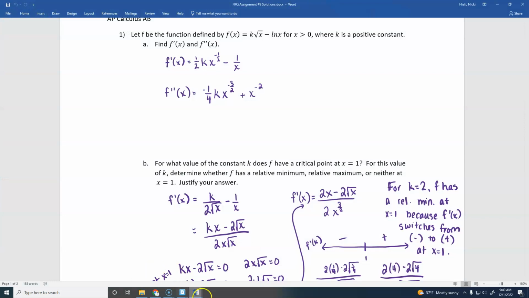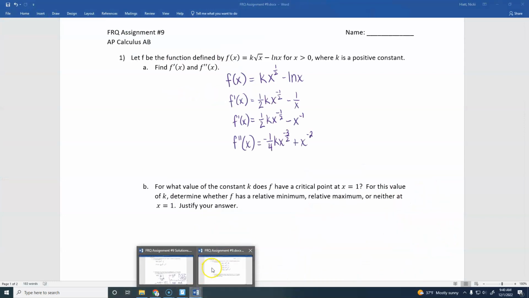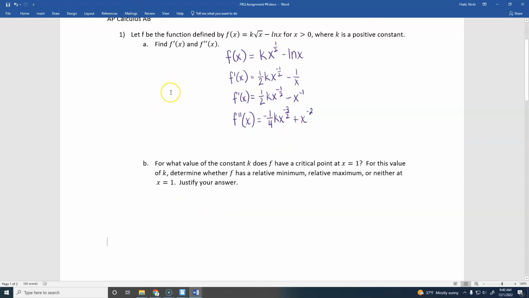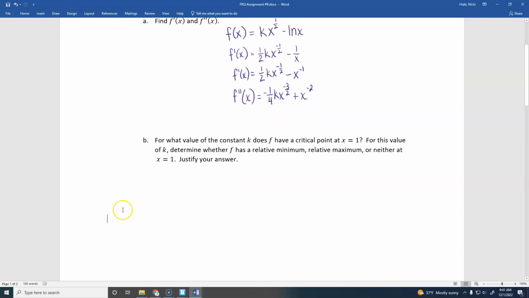Yeah. Okay. So, we all okay here? This part's pretty straightforward, as long as you recognize that k is a coefficient. So that's probably going to be worth 2 points, I think, a point for f prime and a point for f double prime.